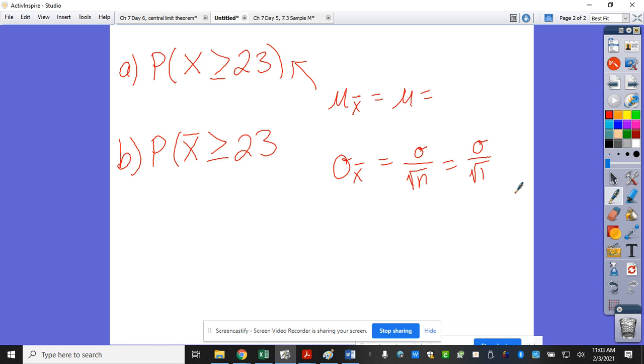Okay, let's just talk through that. What did we get for sigma of x bar? Rounding can make a ginormous difference. So if people are getting different answers, that doesn't mean everybody did it wrong. That might just mean people rounded at different places. So with this one, what did you get as that?